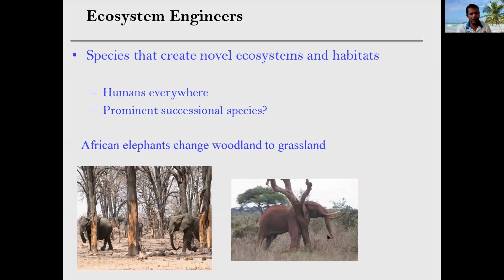Of course, this forest is also good, with a stable population, but the difference is that this kind of ecosystem provides more opportunities for other organisms, right? In that way, the elephant is doing a good job for other organisms. So that's why we consider the elephant an ecosystem engineer.